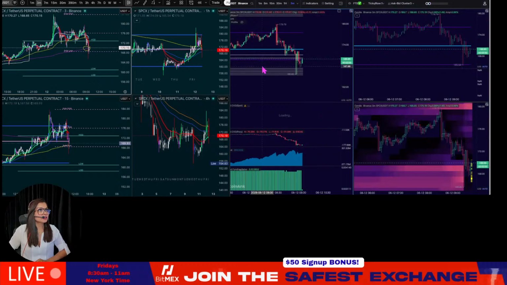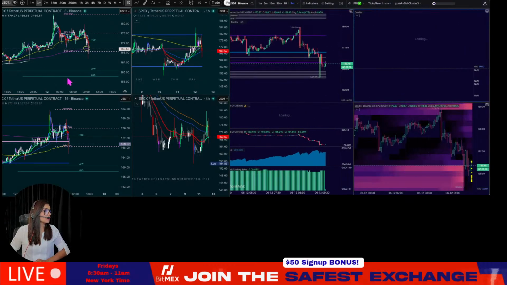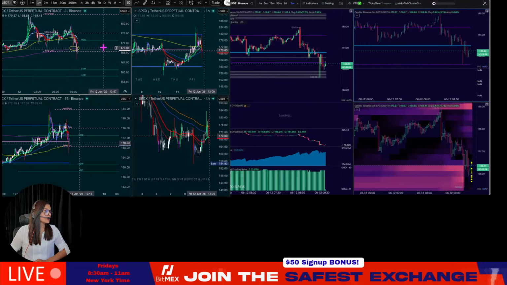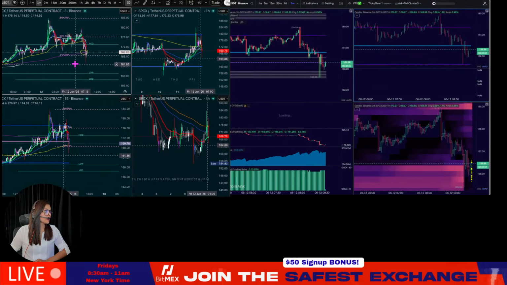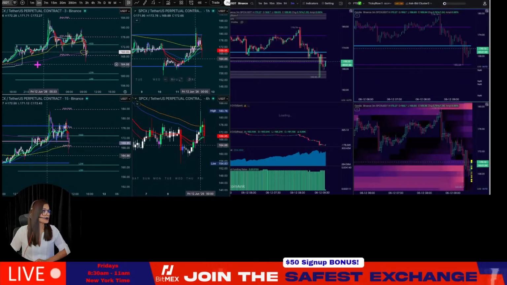So what would I do and how would I enter this position if I was not already in a long? I would wait for a clear MSB, market structure break, depending on which time frame you're trading on.